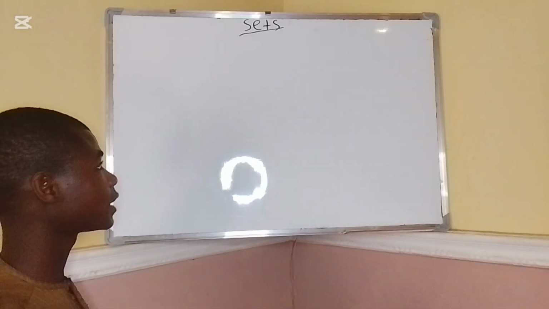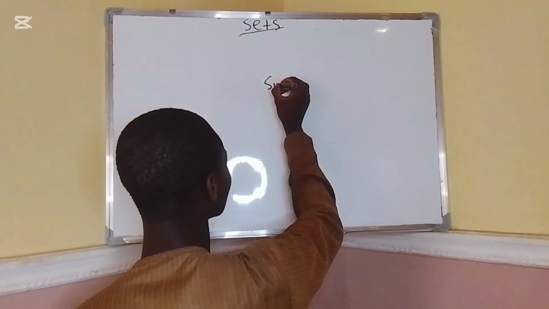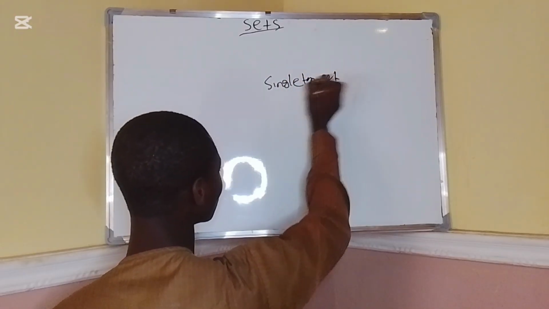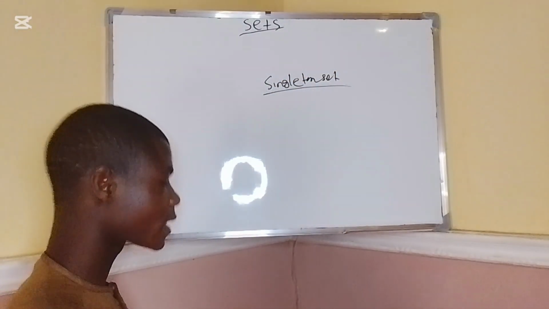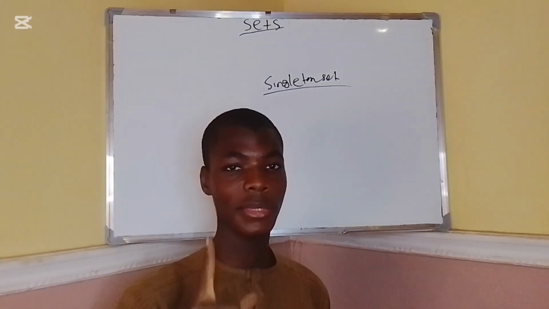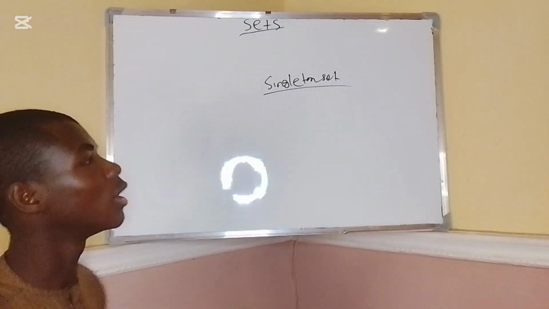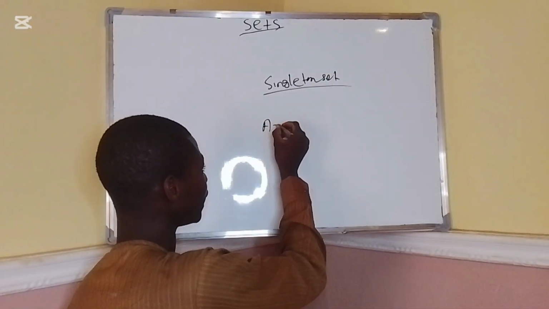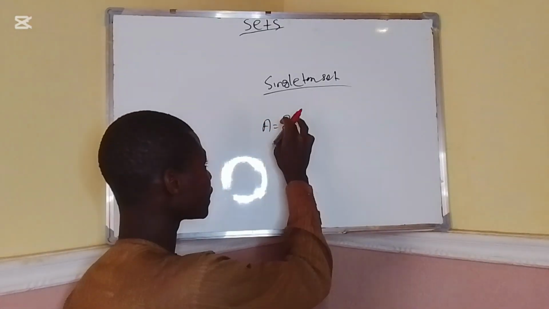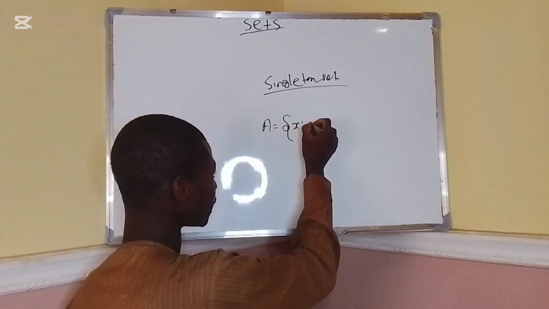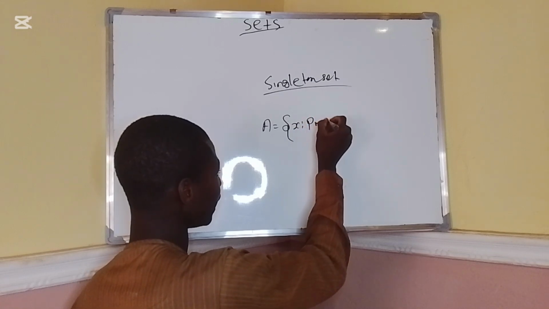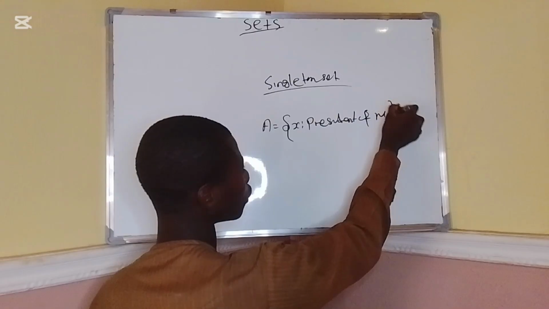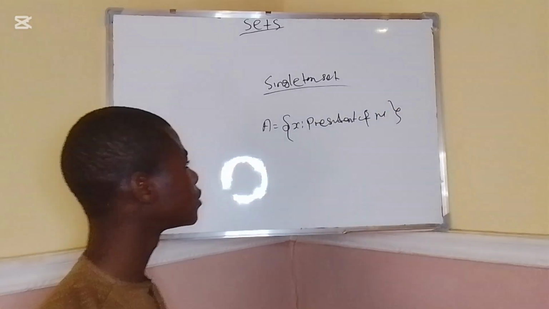Another type of set is the singleton set. As you can see from the word single, it means something that is only itself. Let me take for instance set A equals x, such that x is the president of Nigeria.